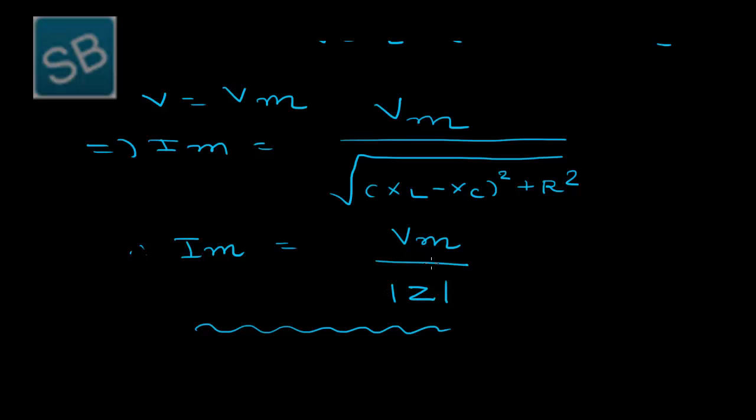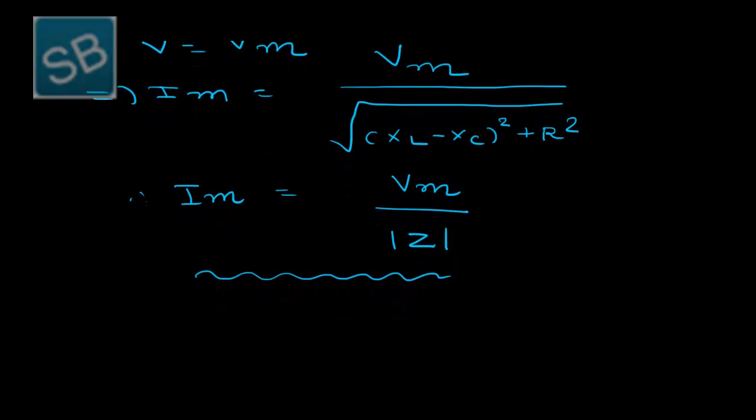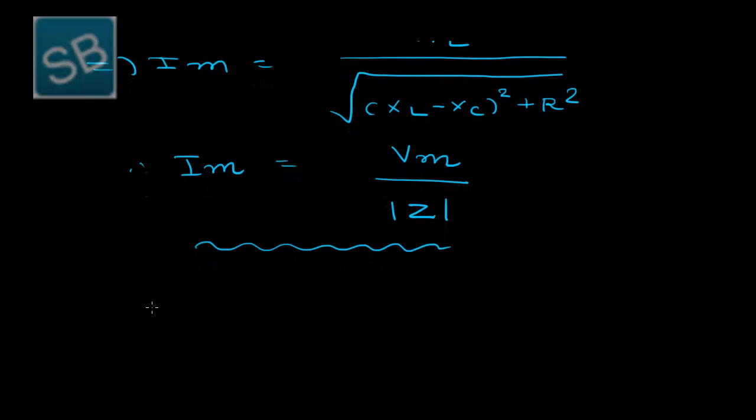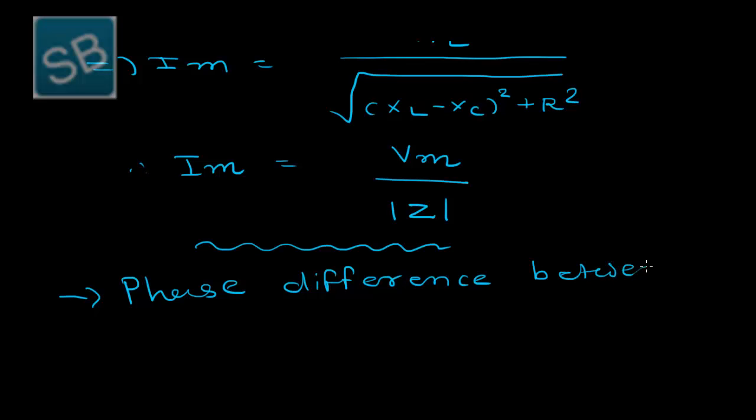Now, if you see the figure of the characteristic, the phase difference between voltage V and current I is given by delta.